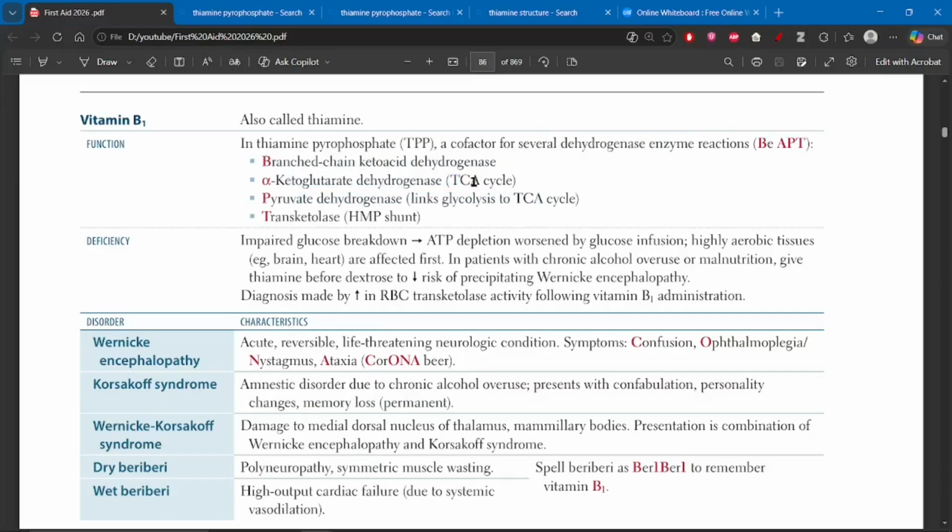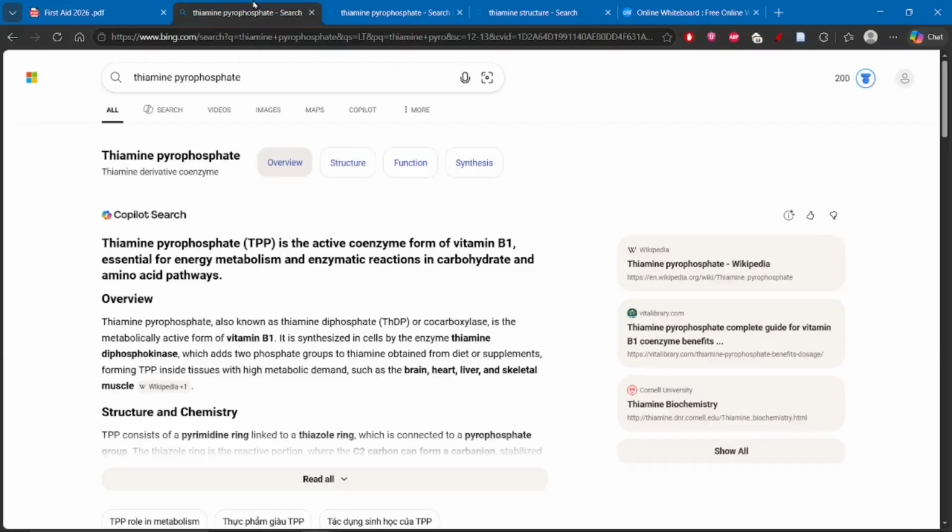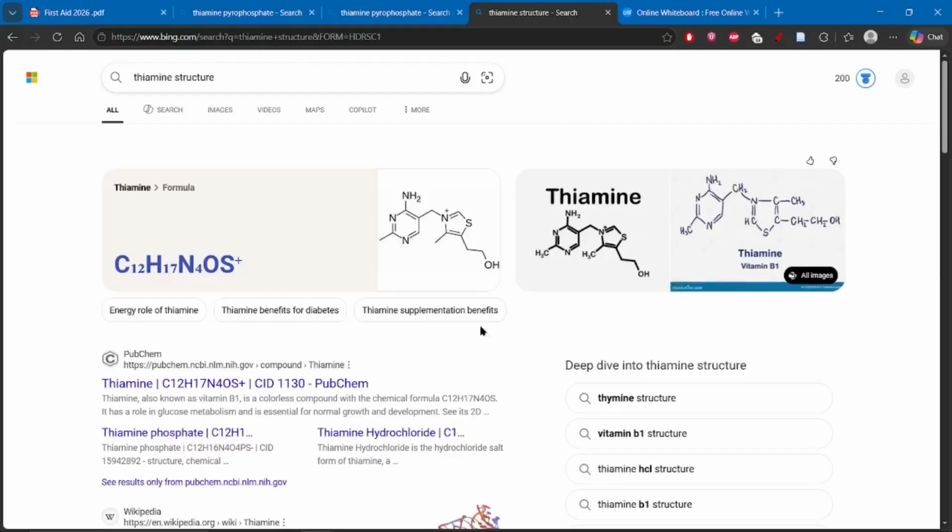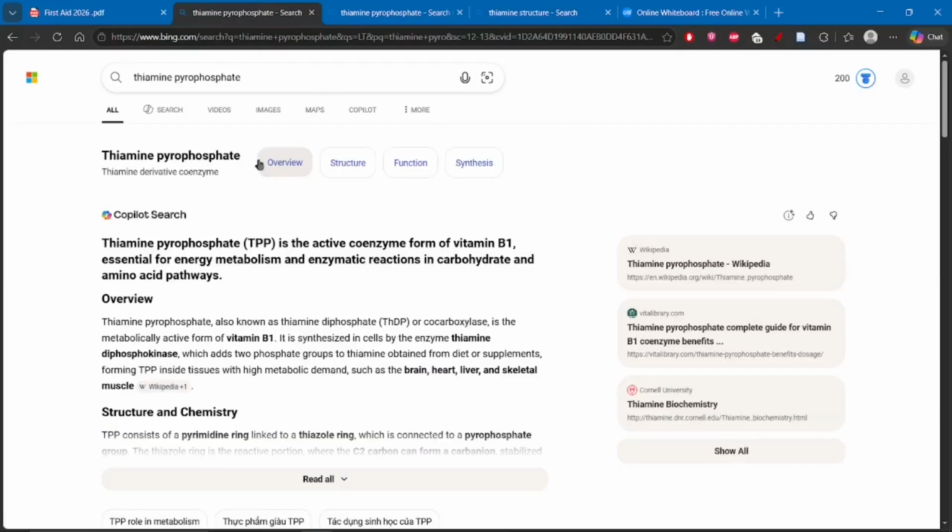And these enzymes need a cofactor, and vitamin B1 acts as a cofactor for these enzymes in the form of thiamine pyrophosphate. So this is the thiamine structure. Now I show you the structure of thiamine pyrophosphate.